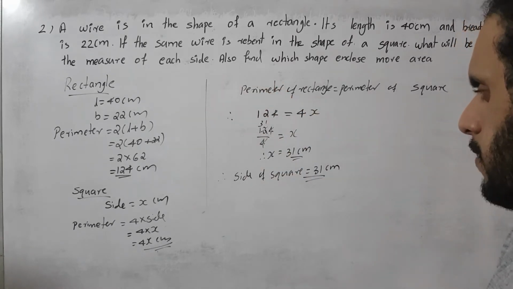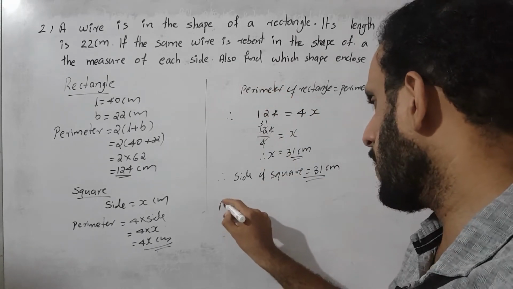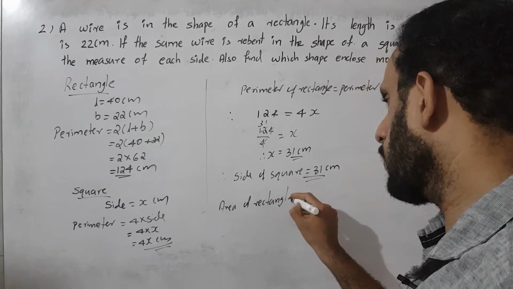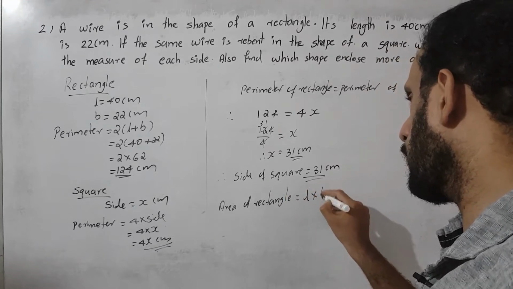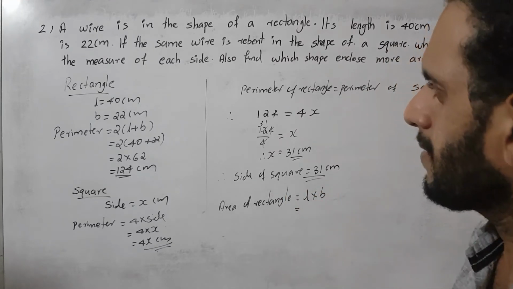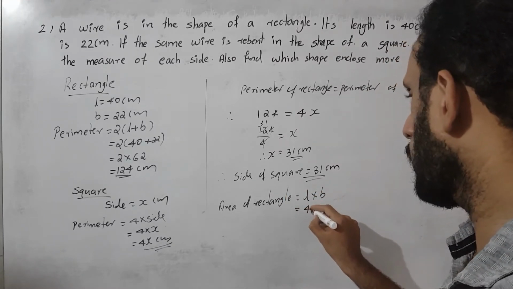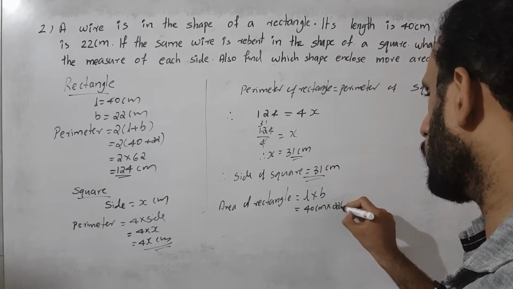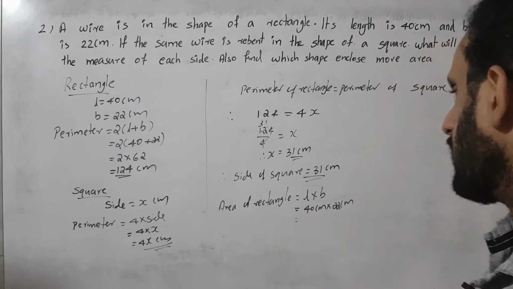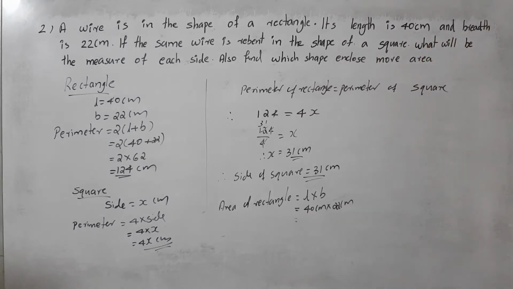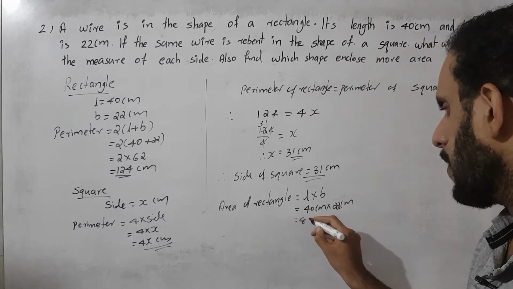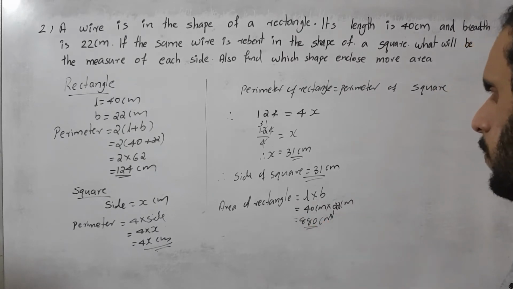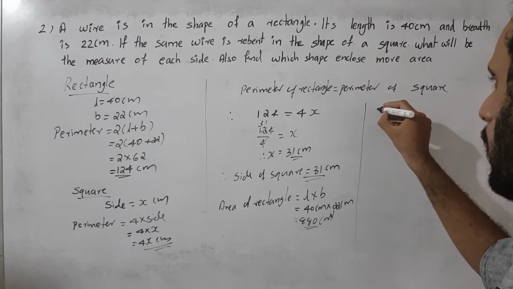Therefore area of rectangle is equal to L into B. What is L? 40 centimeter into 22 centimeter. Then 40 into 22 is 880 square centimeter.